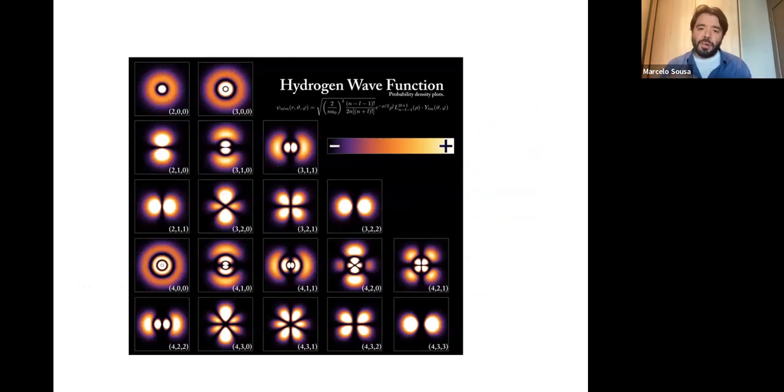Extrapolating, when we talk about atoms, molecules, we have the same pattern, that we have wave functions that are probability densities, and also energy levels that we can find in the systems.